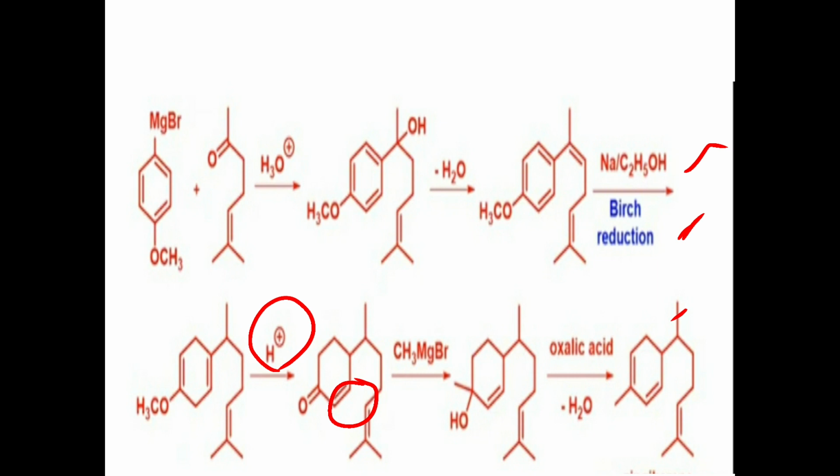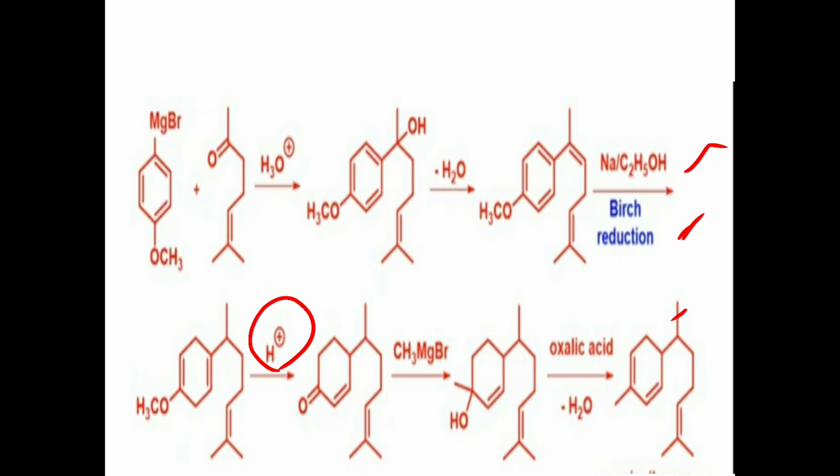At the same time, the methoxy group is also hydrolyzed to form a hydroxy group. The hydroxy group further tautomerizes to a ketonic group. Here, two changes occur in this reaction.